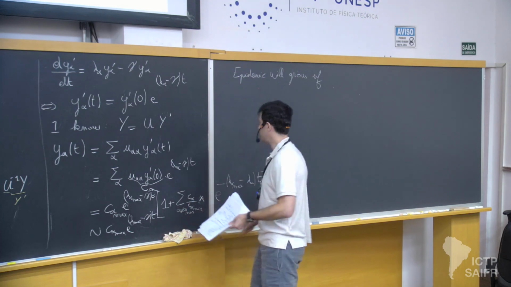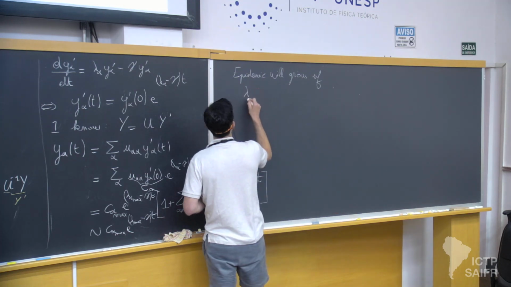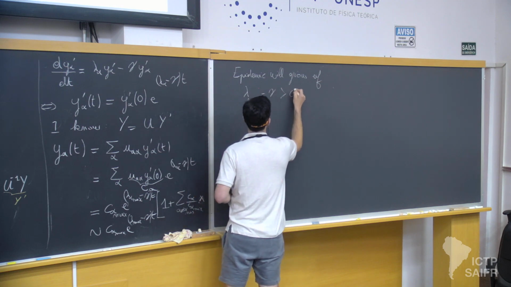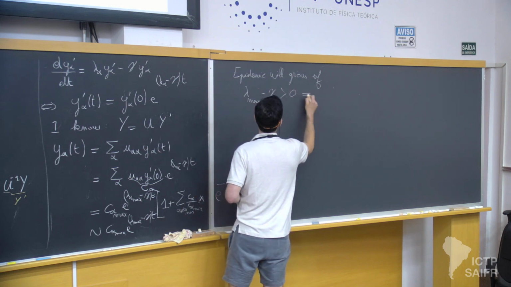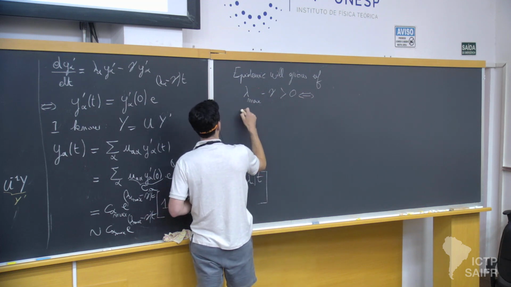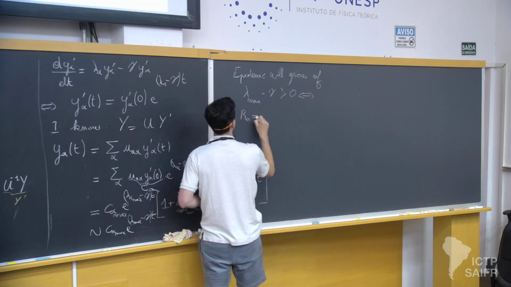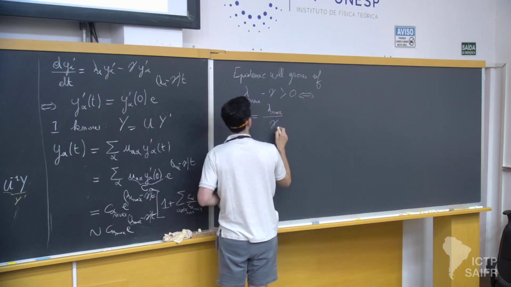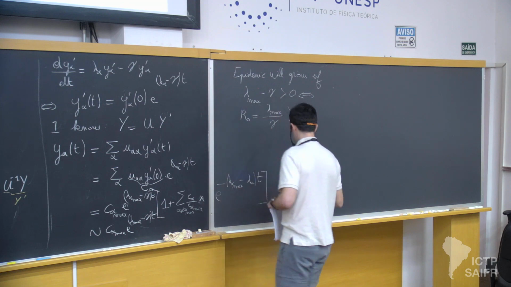So the condition is that lambda max minus gamma is larger than 0. Or if you want, put gamma back on the right and divide by gamma: R naught, equal to lambda max over gamma, is larger than 1.